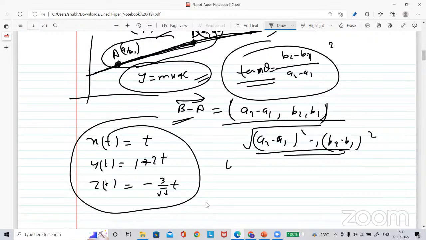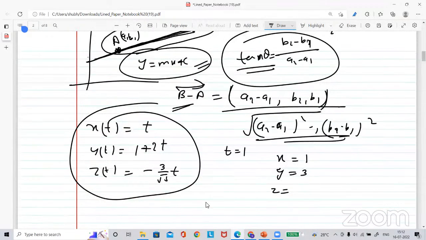Substitute t is equal to 1, so you get x is equal to 1, y is equal to 3, and z is equal to some number, whatever you get. Similarly, for t is equal to 2, find that, and you will get x and y as something.